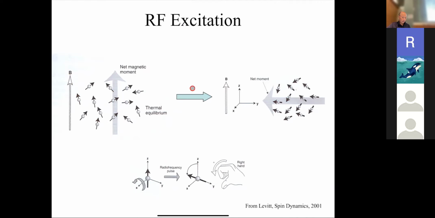We apply what's called an RF pulse, and its job is to take this magnetization and move it away from equilibrium. Which sort of makes sense, right? You're taking a system that's very happy to be at equilibrium, and you put energy into it to get it to go away from equilibrium.